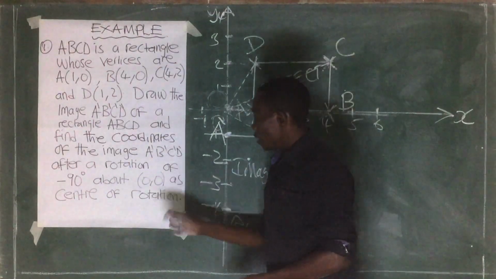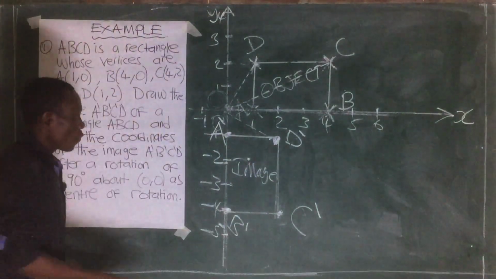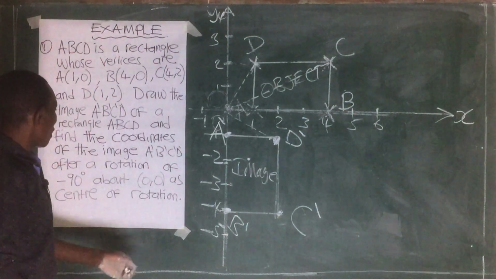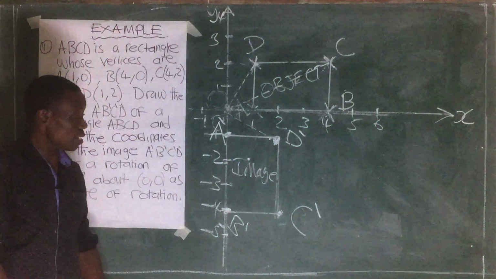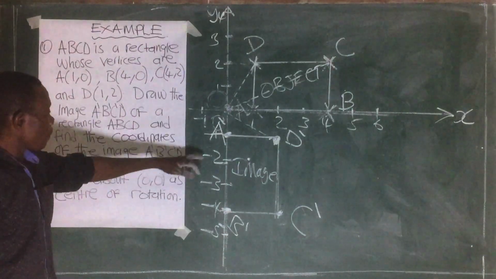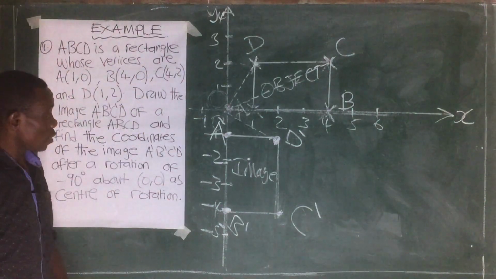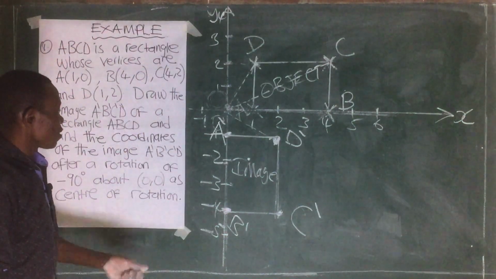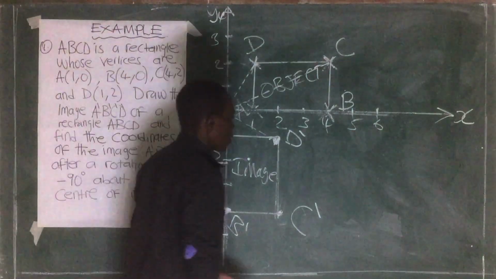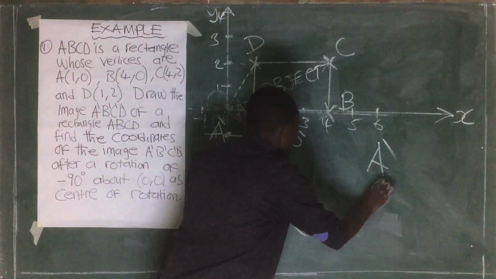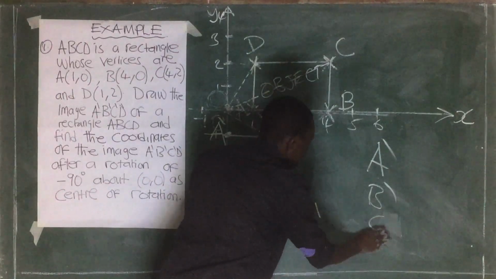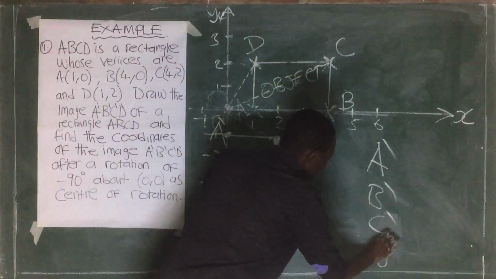Right. Then now finally, can we now respond to the question by coming up with the coordinates of the points of the image? So to do that, it's just easy. You just have to give us the coordinates of point A prime, B prime, C prime, and D prime.